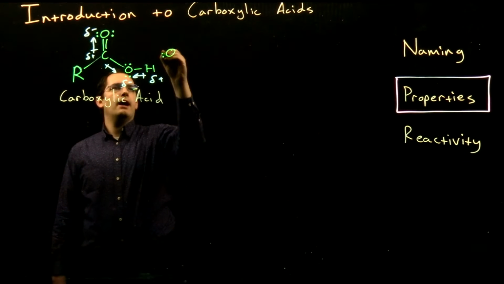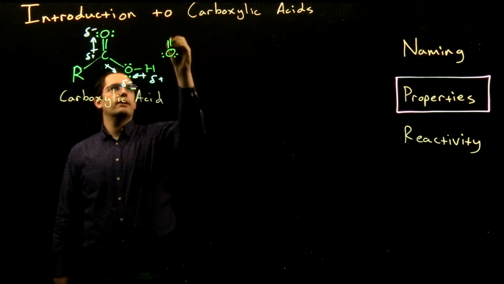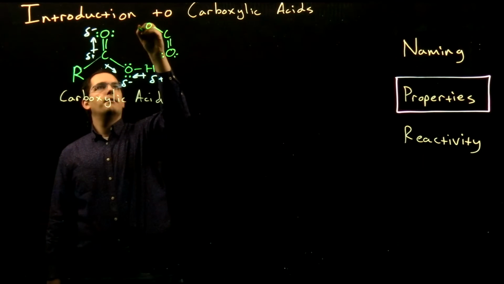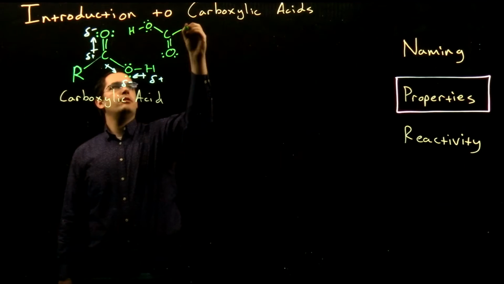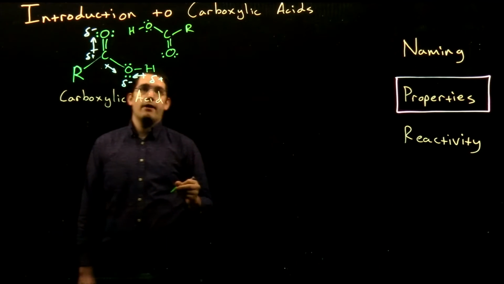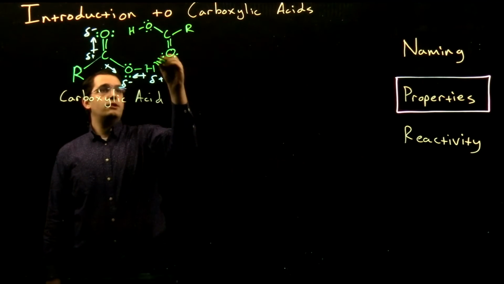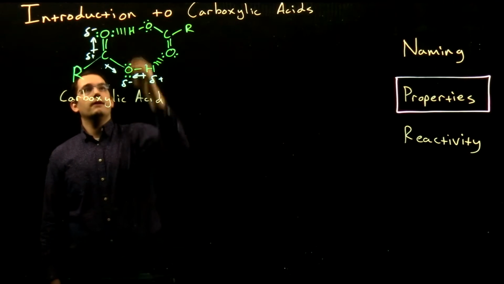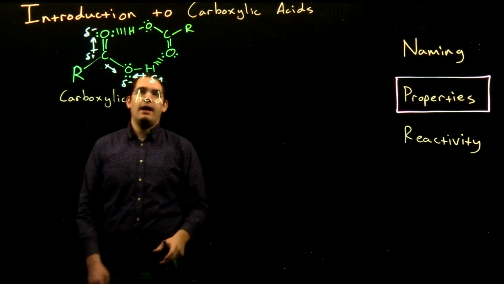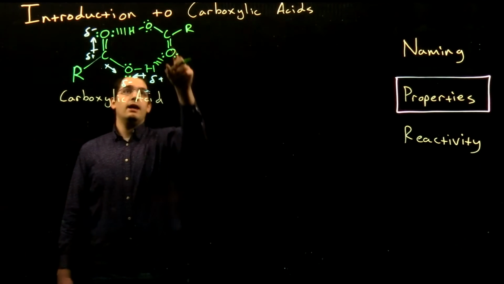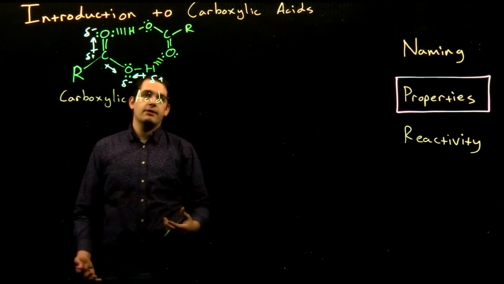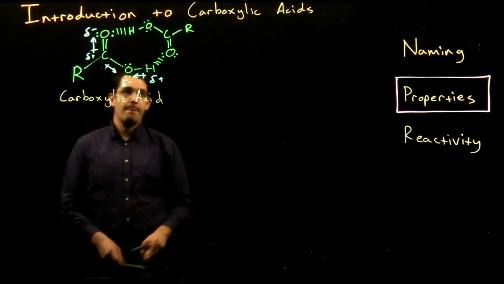So if I add on another carboxylic acid over here, you'll note that if we have two carboxylic acids next to each other, we actually have two different hydrogen bond possibilities. Right? Each carboxylic acid has that hydroxy group that acts as a hydrogen bond donor, and our carbonyl group that acts as a great hydrogen bond acceptor.